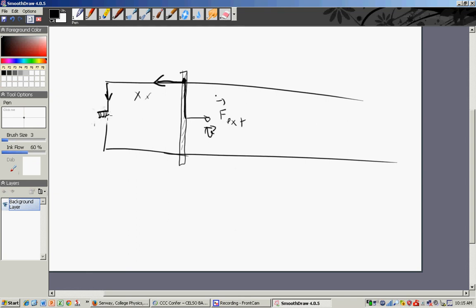So if you have, instead of a resistor right here, a light bulb, you're going to have power dissipated. And the current comes back and circulates.